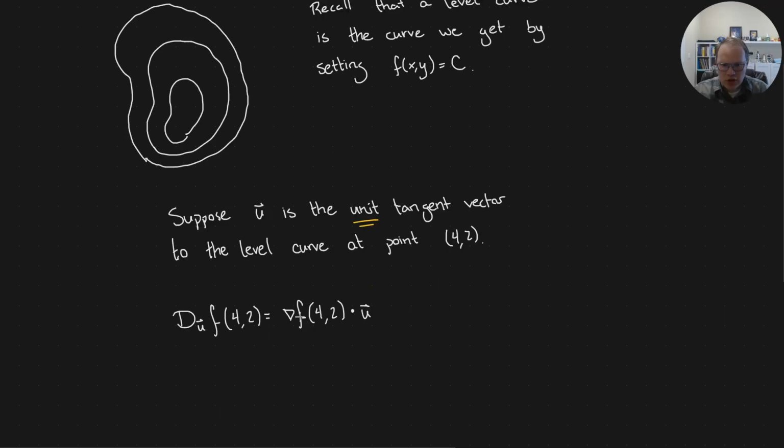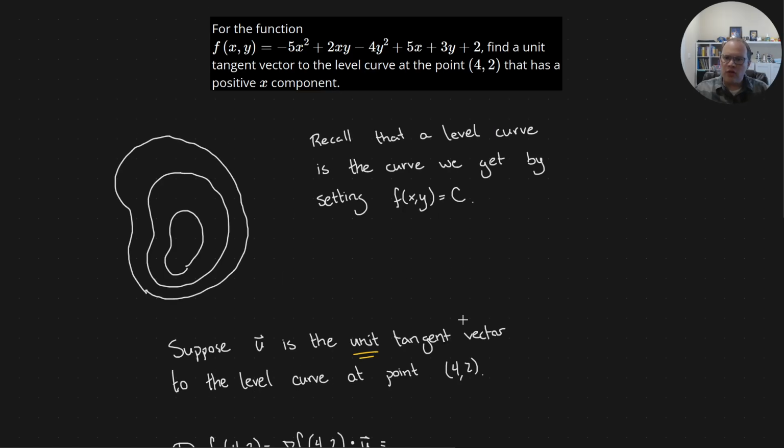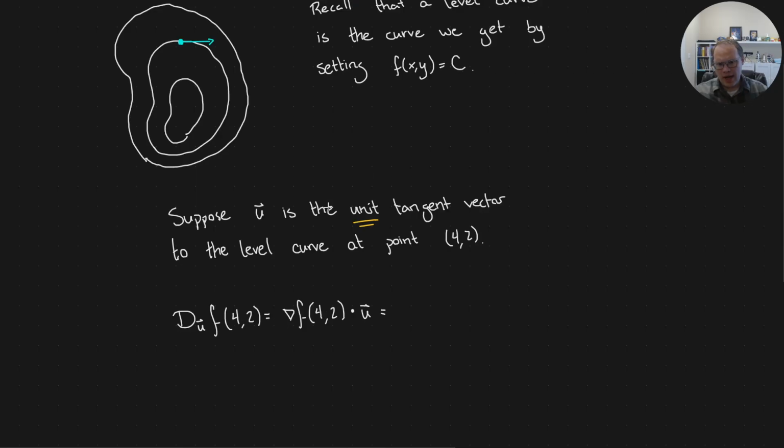Okay, now what should this be equal to? Well, we're pointing in the direction of the level curve, right? So maybe this is our point right here. And we're pointing in maybe this direction. We're tangent to that level curve. That's what we're looking for. In that direction, how much is function f changing?